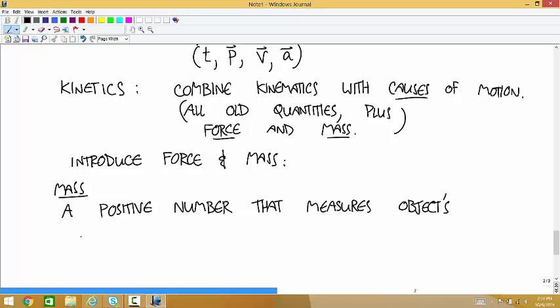Measures an object's resistance to acceleration. An object that's really easy to accelerate has a low mass. An object that's really hard to accelerate has a big mass.